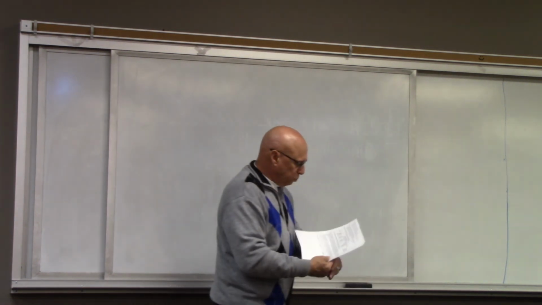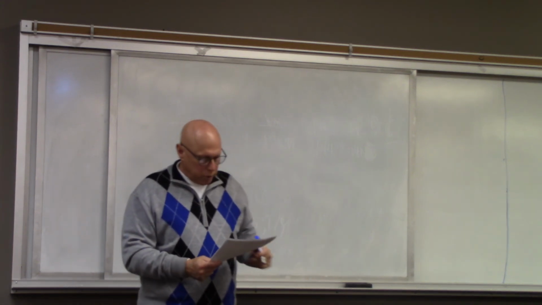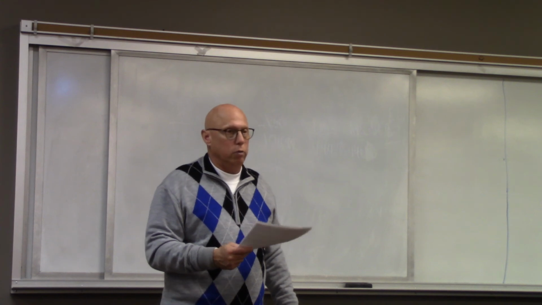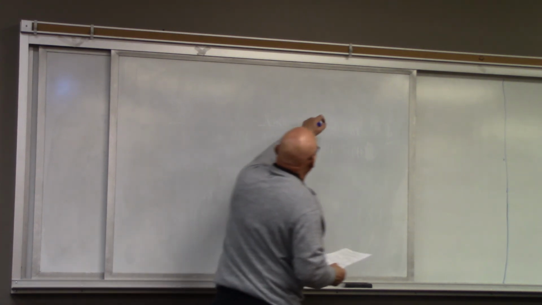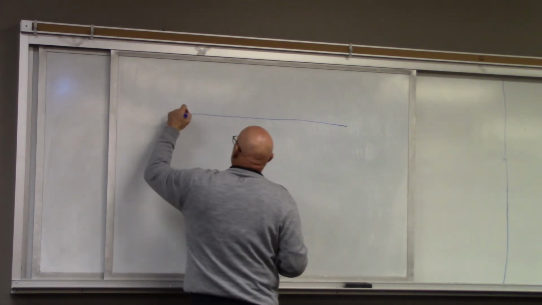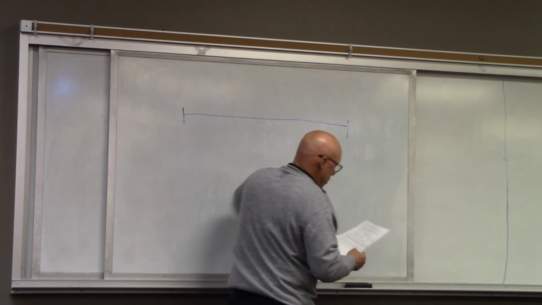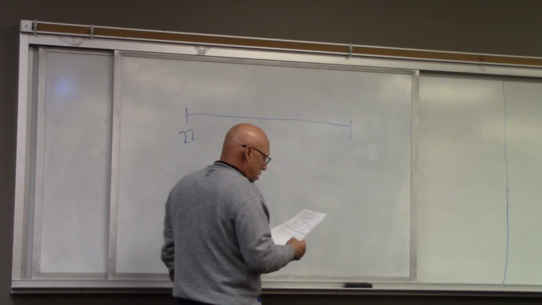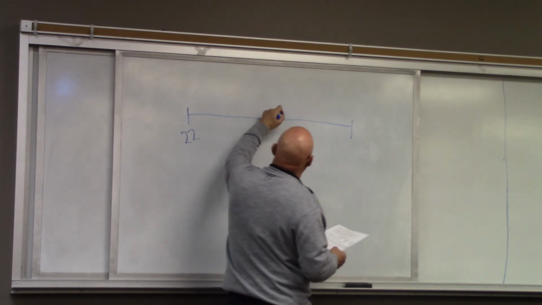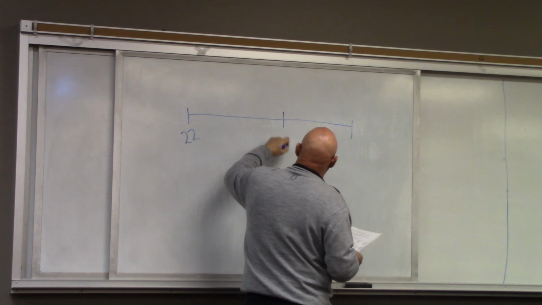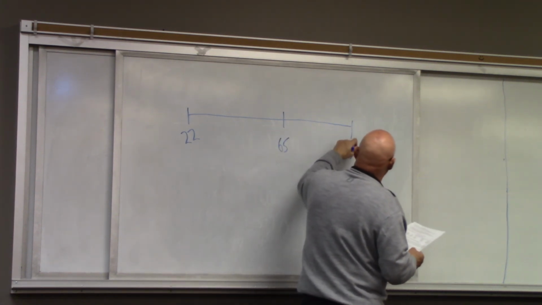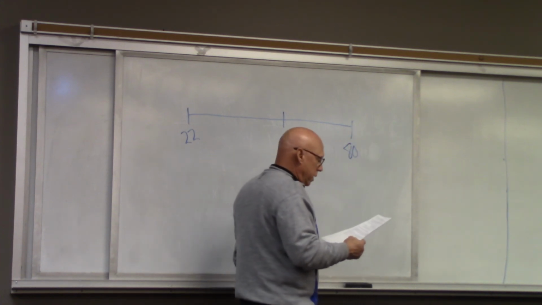You're setting up a retirement plan. How much do you have to save each month to retire at age 65? So, let's do our timeline. So where are we now? We're 22. We want to retire at 65. And we think we'll live 20 years, 80. All right, each month.